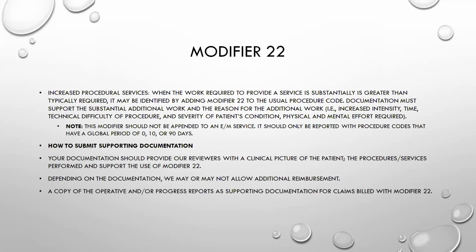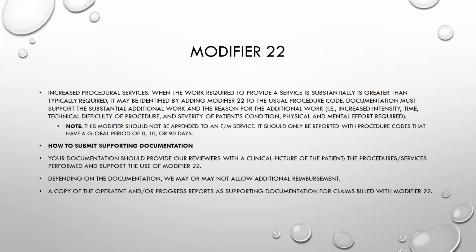So we're going to start off with modifier 22. Now, this is a very disputed modifier. A lot of providers want it because they feel like their documentation, their work was well above the average. You know, I had to change out different wires, I had to change out different catheters, I had to go up on the French, all these different things.